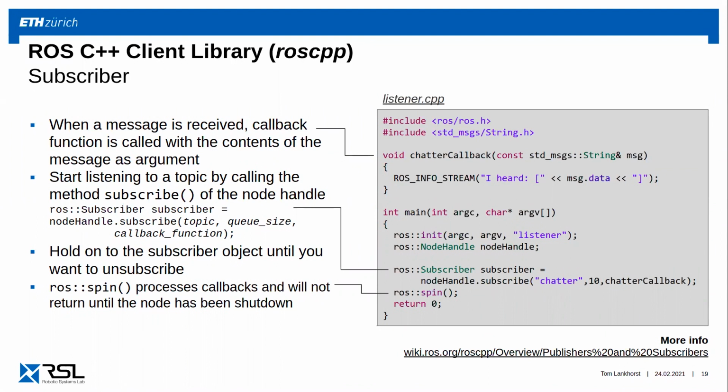This is especially useful for reactive nodes, nodes that only reply to actions outside of the node and don't do many things of their own. Whenever the user requests a stop or the ROS network requests a stop, ros::spin will return and the node will stop executing.